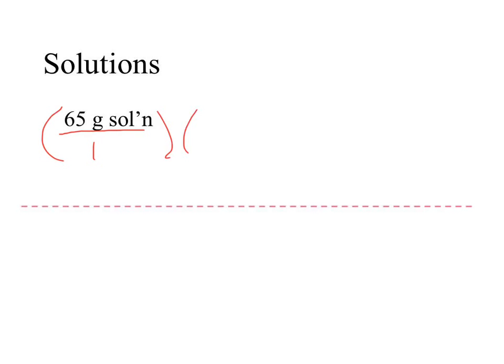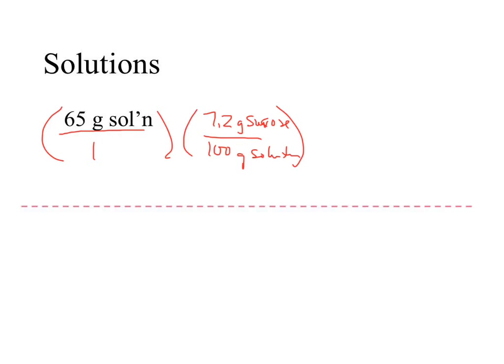So what's the next term? 100 grams of solution over 7.2 grams. Well, if I go with that, then my grams of solution won't cancel. Yep, 7.2 grams of sucrose over 100 grams of solution. Does that make sense?